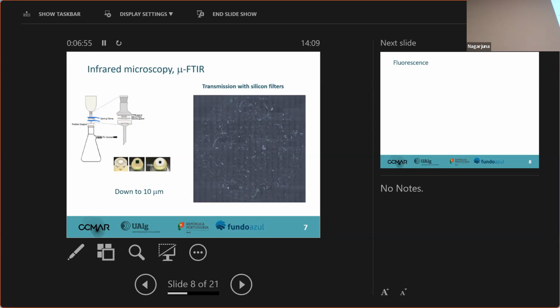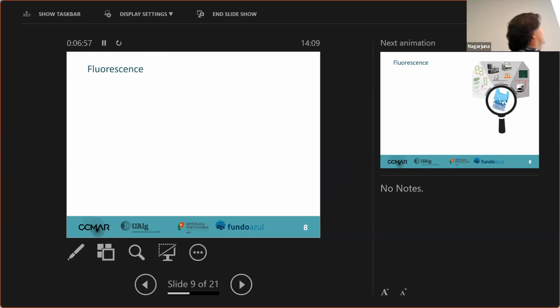Okay, one of the methods we have been exploring is fluorescence, but usually fluorescence for microplastics is not really a direct method for quantitation. You have a sample with many particles, and you don't know which particles are microplastics. So usually people add a fluorescent polarity probe.